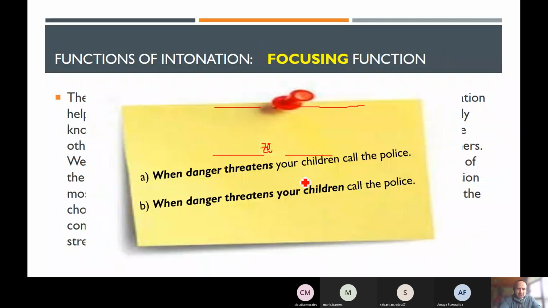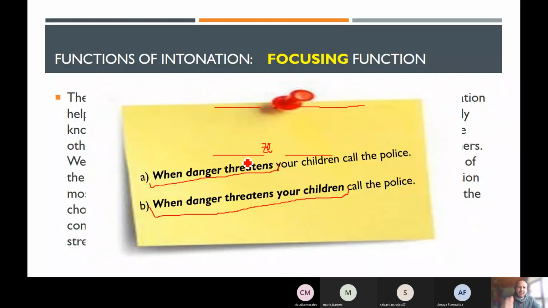Like in this post-it: when danger threatens, your children call the police. In the second example: when danger threatens your children, call the police.